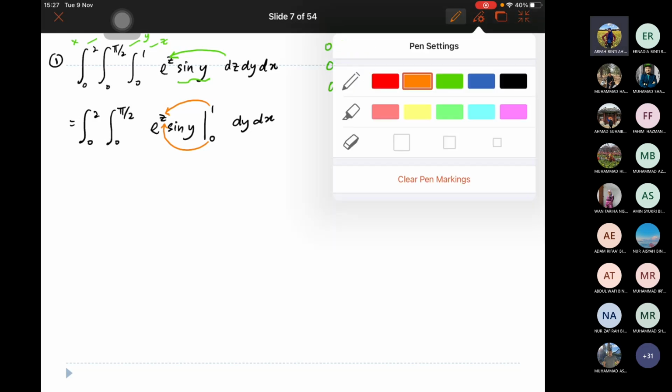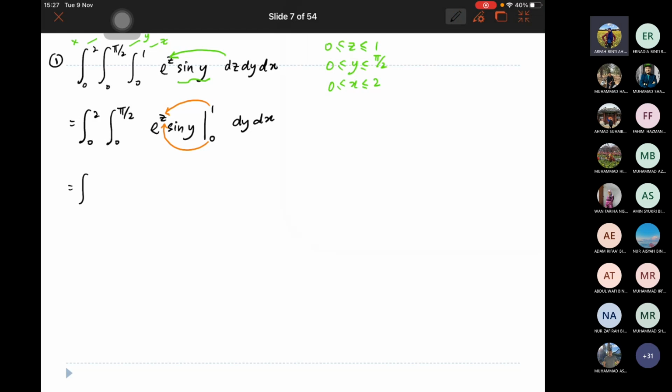So, gantikan akan dapat integrate 0 sampai 2, 0 sampai pi per 2, exponential 1 sin y minus exponential 0 sin y dy dx. Okay.